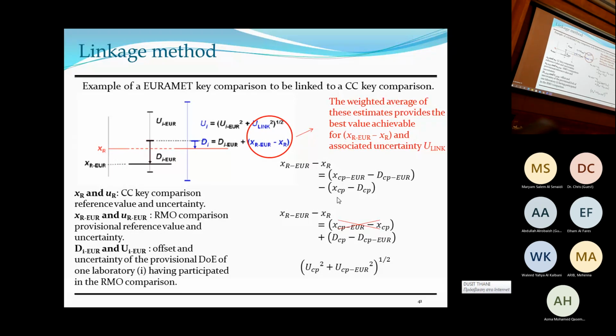Yeah, I don't know how Euromet started a comparison, because this comparison, the RMO comparison, formally does not have a reference value. The only reference value that exists is the CC, the KCRV. That's the reference value. No, there's only one reference value.